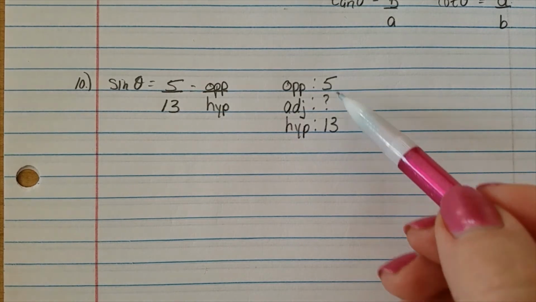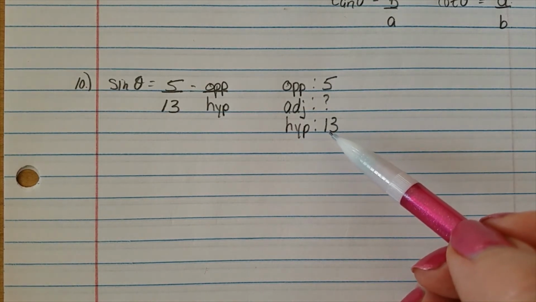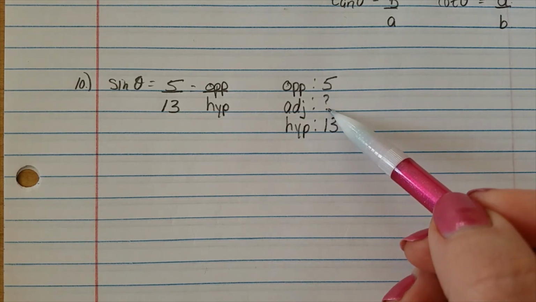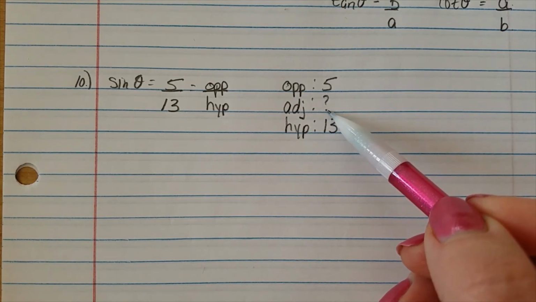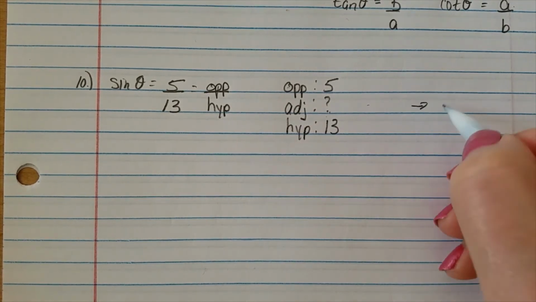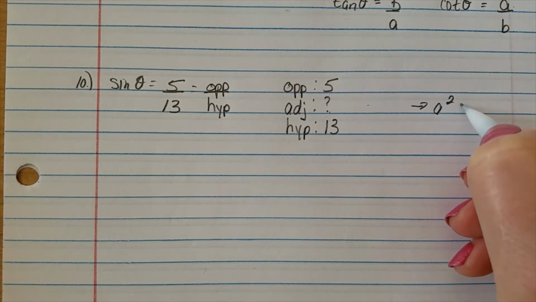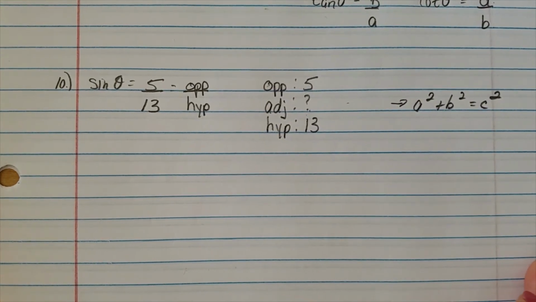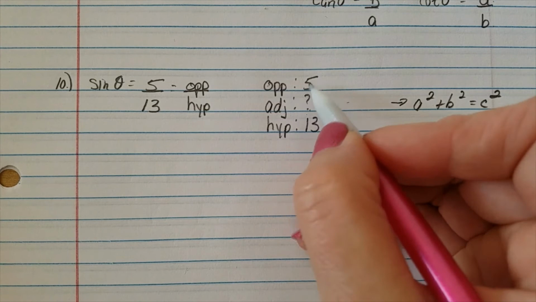With this information, I can only do 2 of the trig ratios. I can do sine and I can do cosecant. I need to find the other 4, which rely on knowing the adjacent. To find the adjacent, we're going to use the Pythagorean theorem: A squared plus B squared equals C squared. Now, let's stick with what we did in 9.